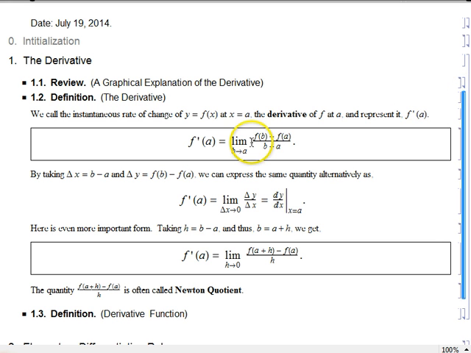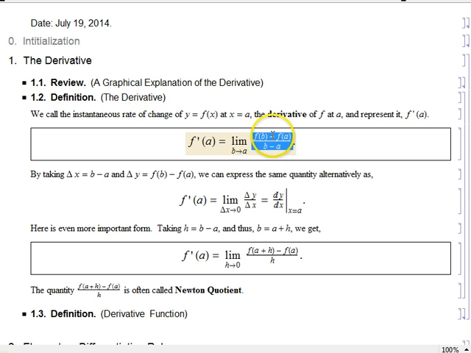Here's the limit notation. The green secant line slope can be calculated as f of b minus f of a over b minus a, this quantity here, the difference of y coordinate over difference of x coordinate. And upon taking the limit, we have the slope of the tangent line, the red line. That's a derivative. Or you can express it as delta y over delta x, and then as infinitesimal over infinitesimal, dy over dx.